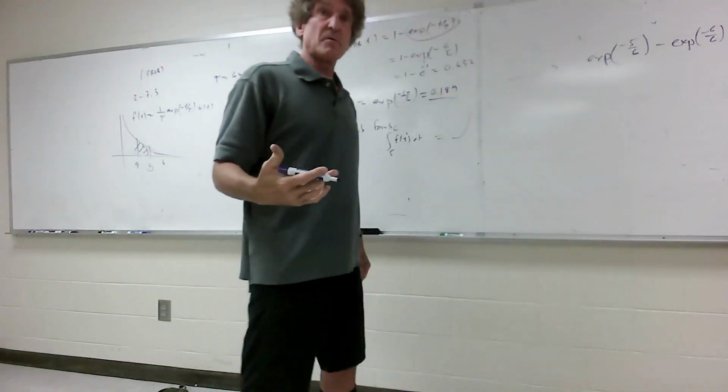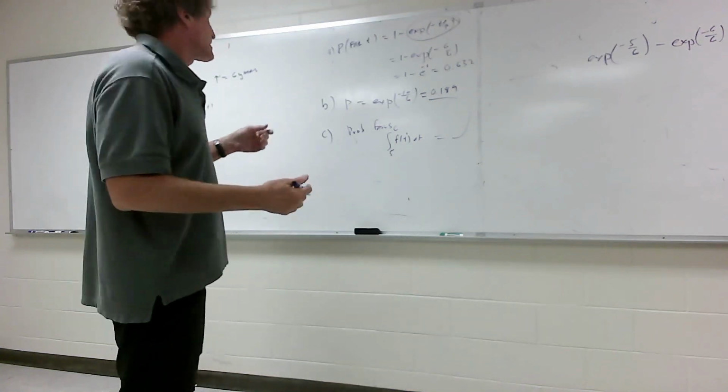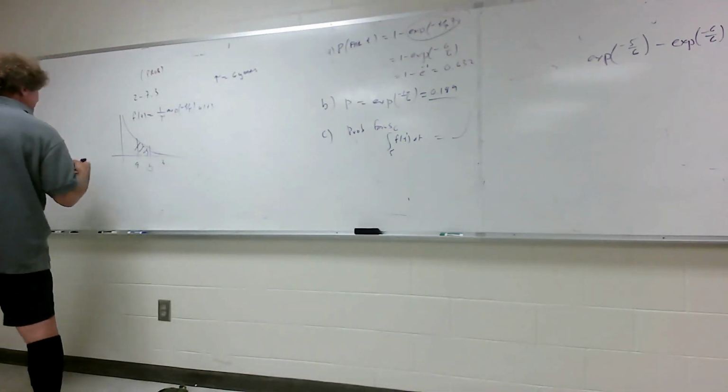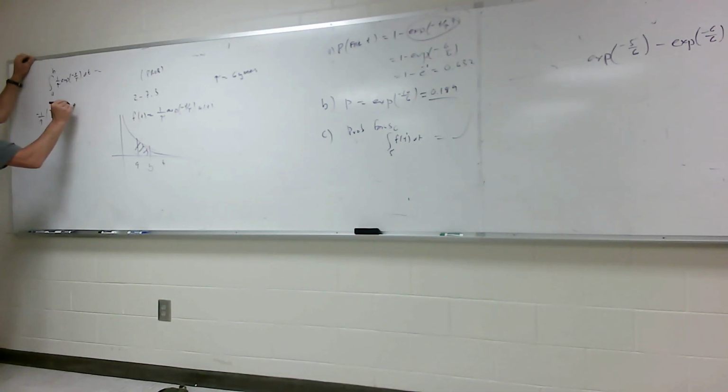Do you follow me? When you do this integration, if I integrate 1 over tau exp to the minus t over tau dt from A to B, I get 1 over tau times the integral of that, which is tau with a minus sign, times exp minus t over tau evaluated from A to B. You just reverse the limits because of the negative sign.